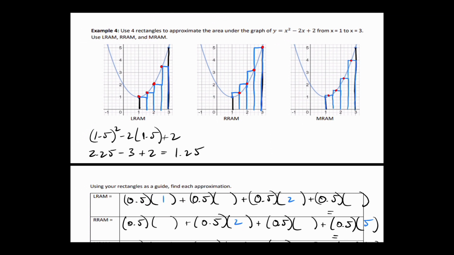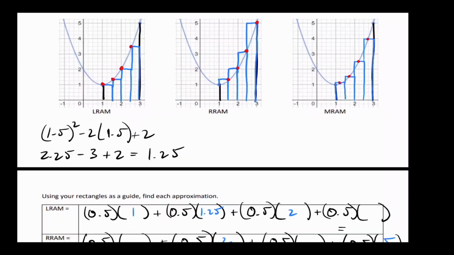So this guy is actually 1.25, not 1.5. Some of these you will have to do that because the height is in between two values. We have the ability to, we have the function right there. That's how you're going to determine the height.